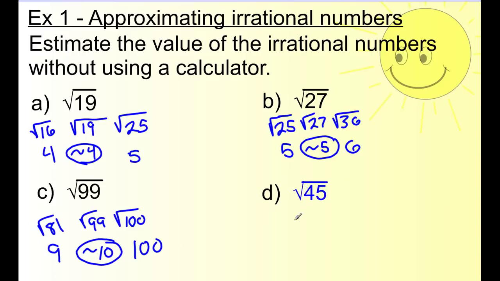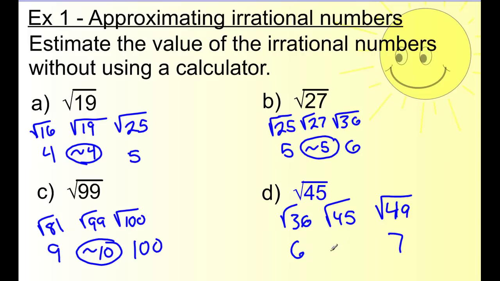Okay. So, square root of 36, square root of 45, and square root of 49. So, let's see here. Square root of 36 is 6. Square root of 49 is 7. So the square root of 45 is someplace between these two.